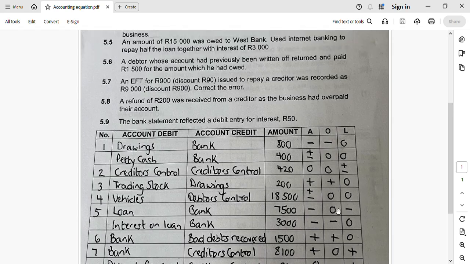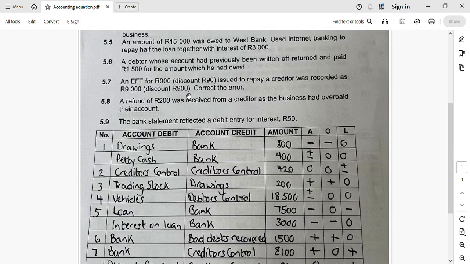Then number 7, an EFT for 900, discount 90, issued to repay a creditor was recorded as 9,000. In other words, we decreased our bank and decreased our creditor by 9,000, but we should have only decreased it by 900. And then the discount also should have only been 90 Rand, and we recorded it as 900.